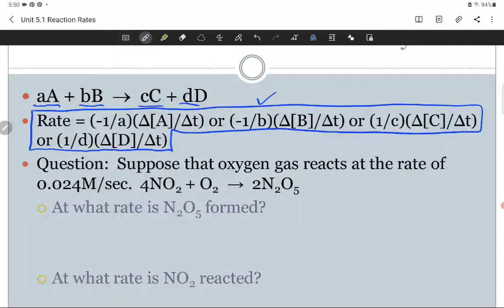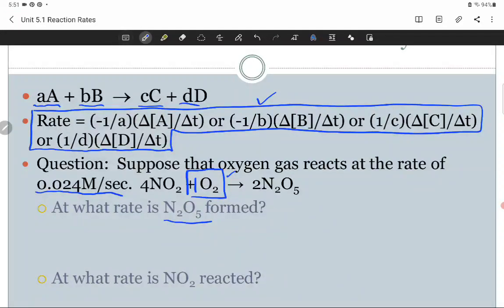So the rate for oxygen looks like 0.024 molar per second. So that is for that chemical right there. If I wanted to know what's going on with N2O5, I could figure that out if I know the coefficients in the balanced chemical equation and what's going on in O2.